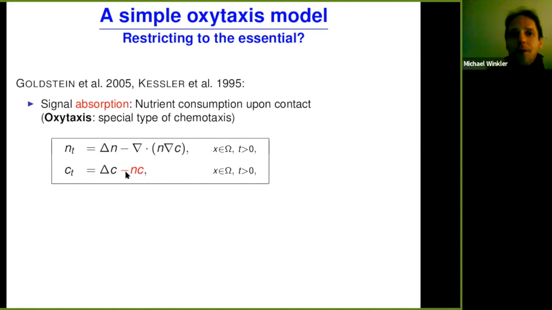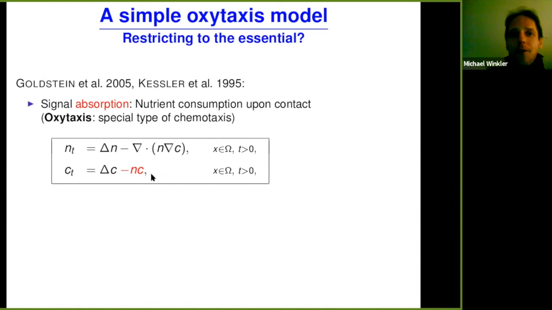This means that the second equation has to be a very simple and substantially more dissipative one, if you wish. The second equation that you see here with the red minus nc does not contain a plus n, but only a minus nc. So solutions c are a priori bounded in L infinity.